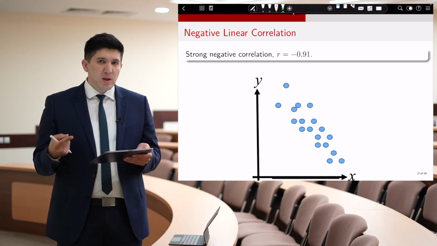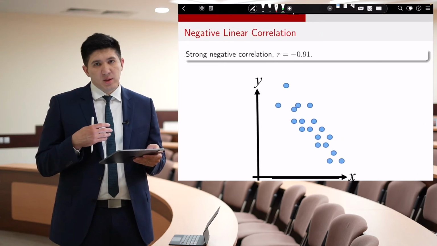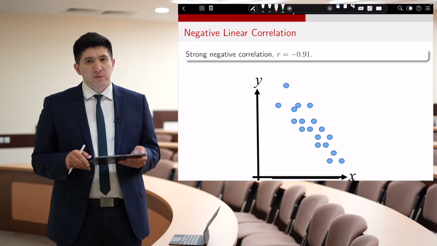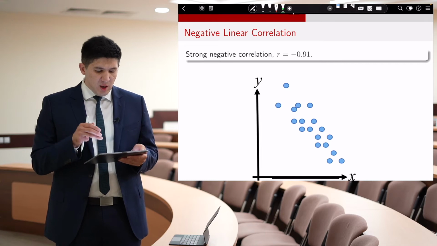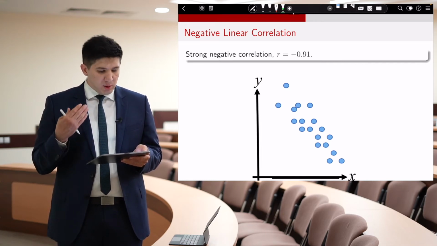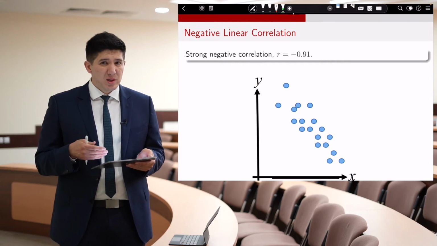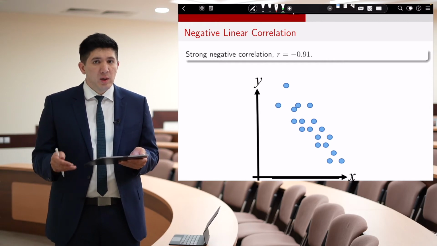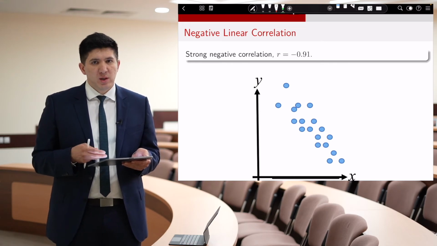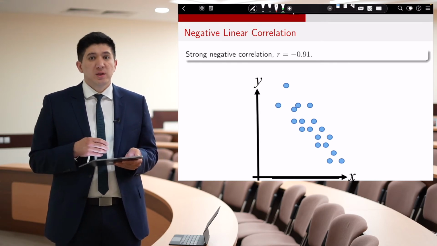If this number is negative but really close to -1, it means that you've got a strong negative correlation. You can see here that for this example of the scatter plot, the correlation coefficient is -0.91, which is obvious, it has this strong negative correlation. As x is increasing, y is decreasing.